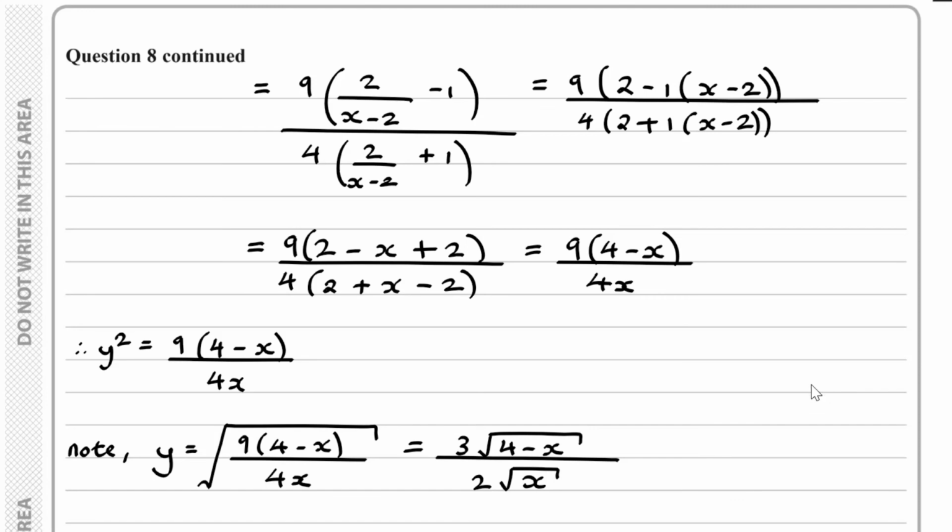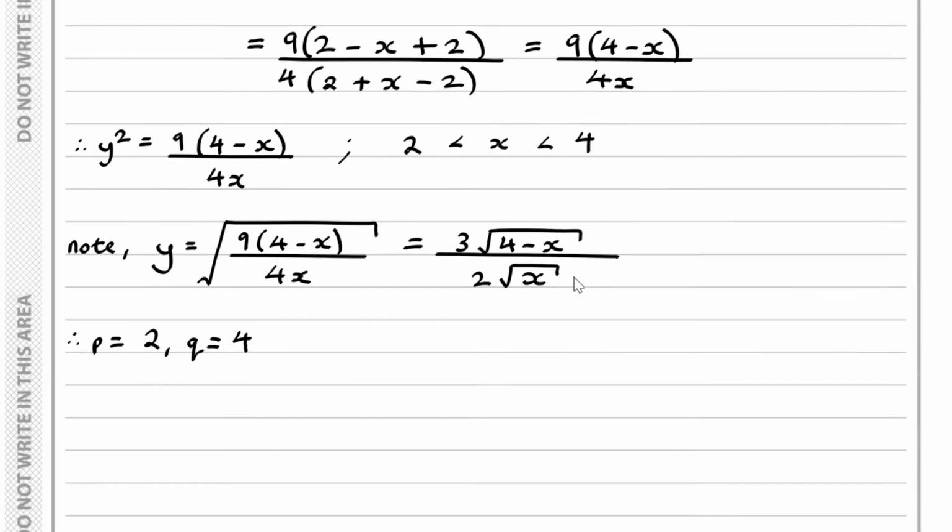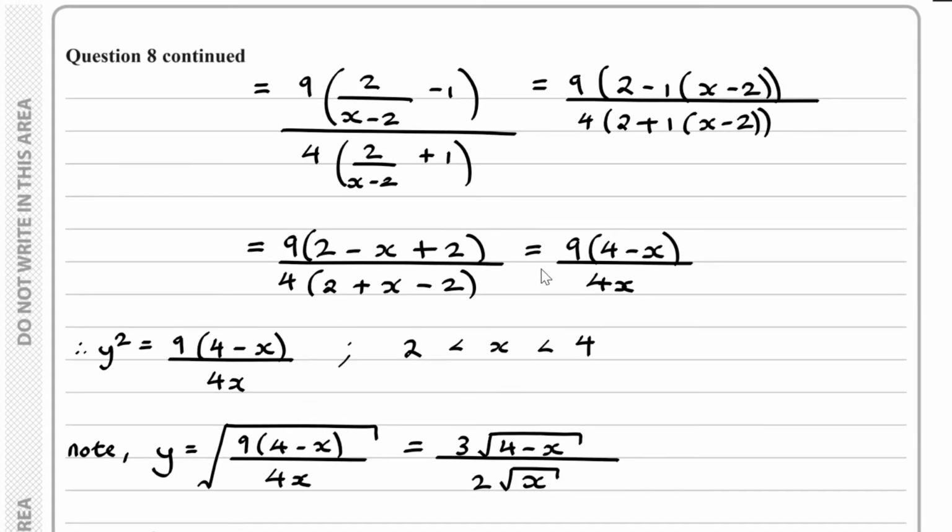Okay, so therefore we can see that the value of p is equal to 2, and the value of q is equal to 4. So let's just write this down: x is in between 2 and 4.